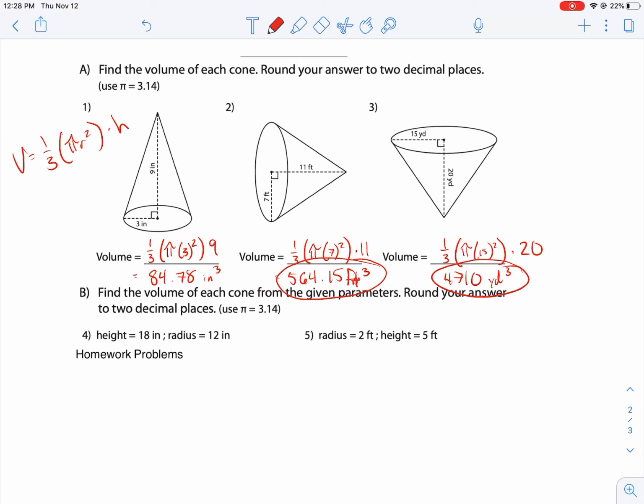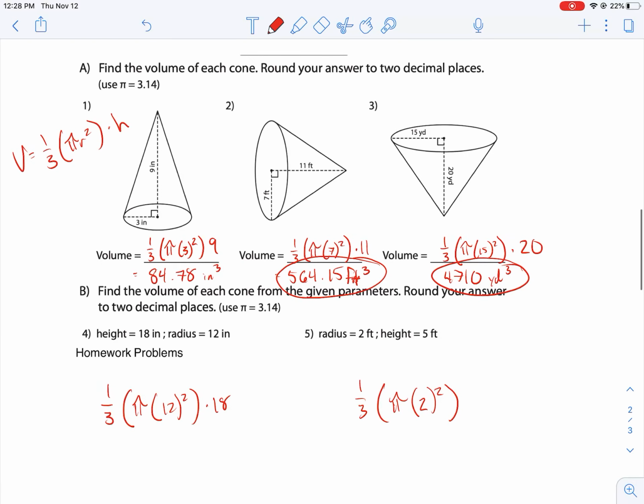And last bit right here. They give us just the radius and the height, which is all we need. So pi times 12 squared times our height. Over here we'd have 1/3 pi times 5 squared. Or I'm sorry, 2. Oops. See what they did there? They mixed them up. You put the radius first.